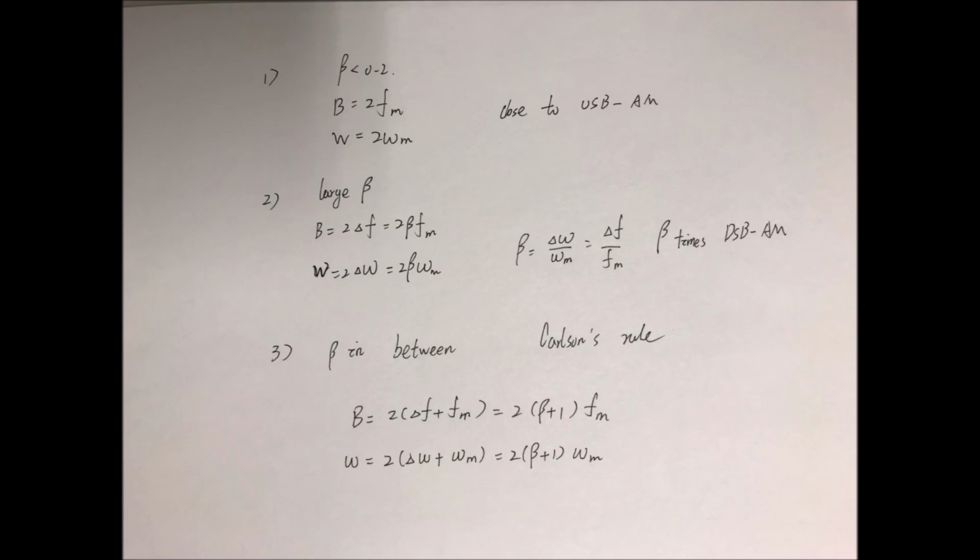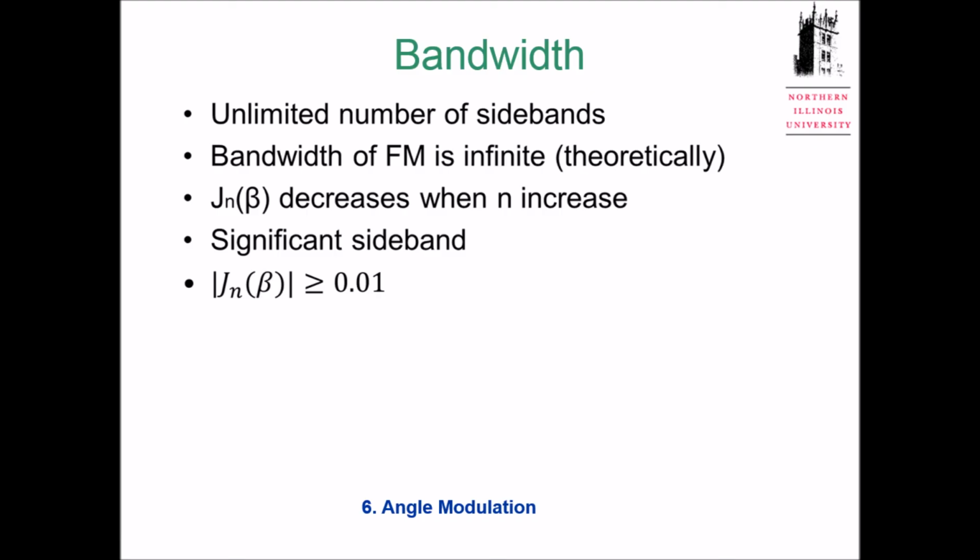For small, there is a hard threshold, less than 0.2. So if you really want to know the accurate bandwidth, you use significant sideband. Those two give you approximately the right bandwidth with a really quick calculation.